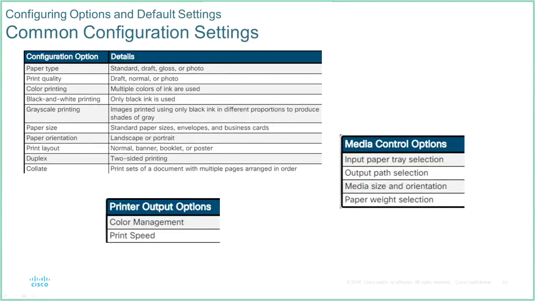Then you need to change your print quality to match that and set color printing, black and white, or grayscale printing, whatever you are printing on. So these configuration settings will be changed depending on what you're doing at the time. For most people, they'll set it up for an A4 standard paper size with normal print quality, with grayscaling.